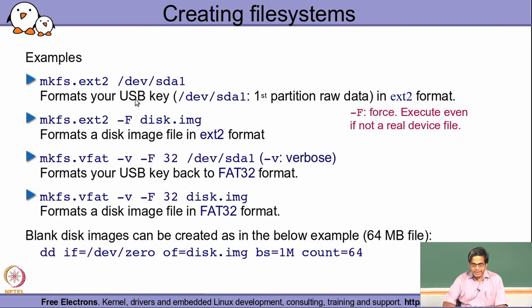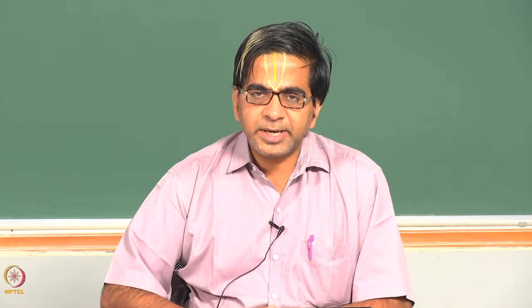The -f option will go ahead and create the file system even when the file that has been given is not a real physical device, but a soft file that is available on an existing file system itself. That is why I was mentioning it as a file that will mimic a file system or a disk partition at the lower level.